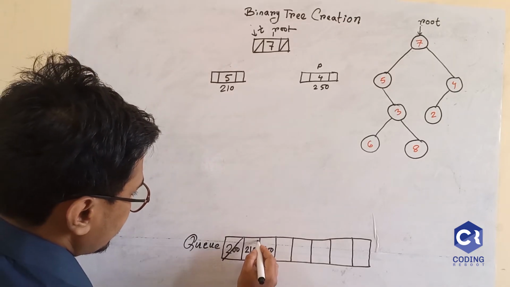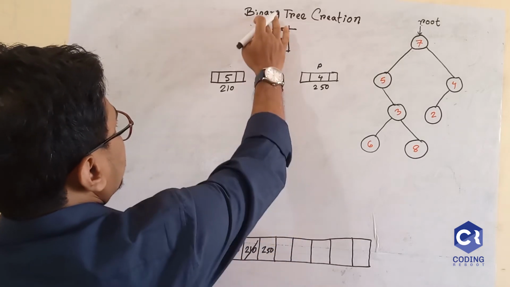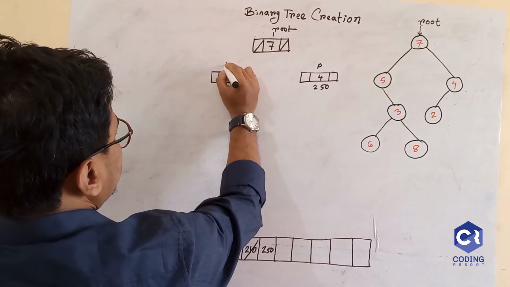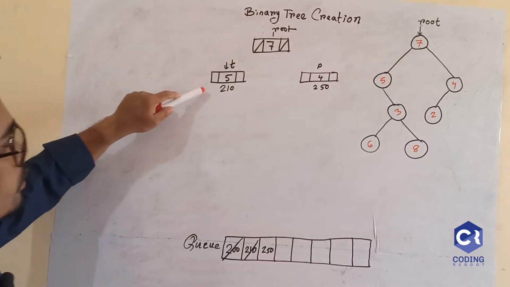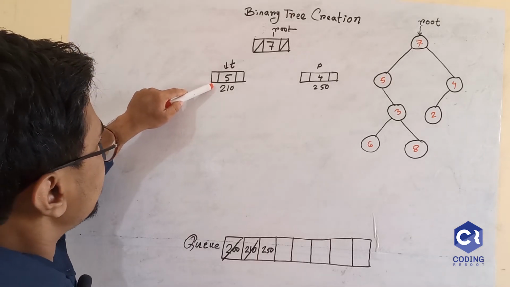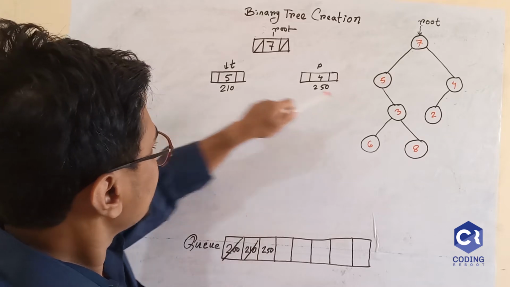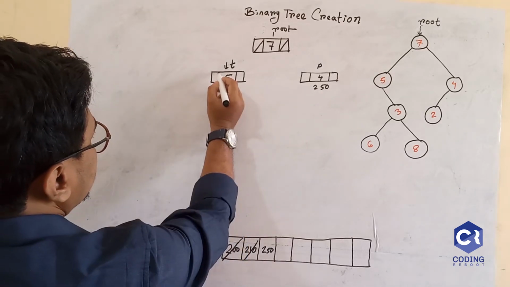Now remove this 210 address, or pop it from our Q, and take this pointer here, and again we are going to ask this node, is there any left child of this node? No, there is no left child, that is null.